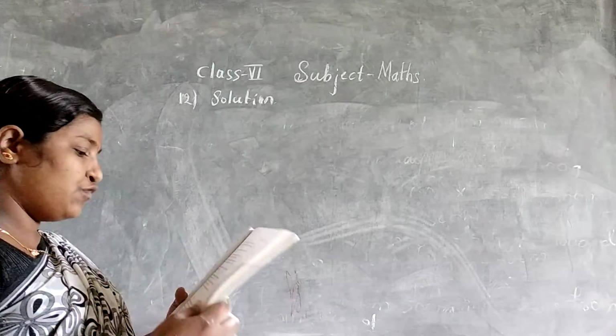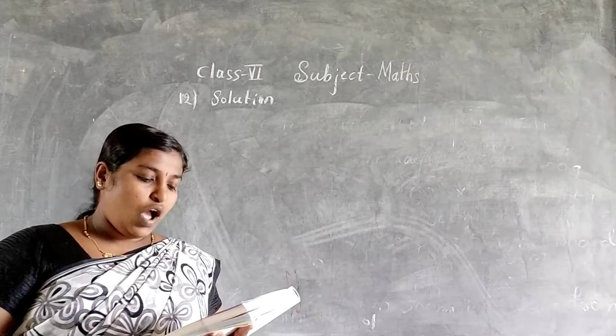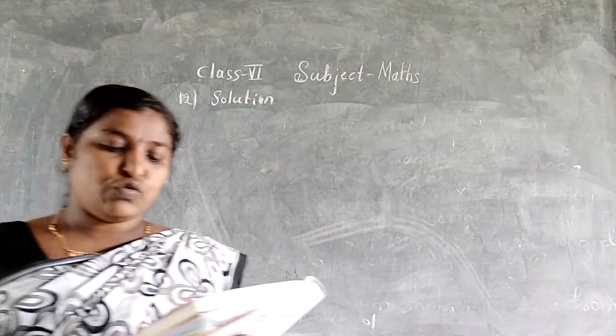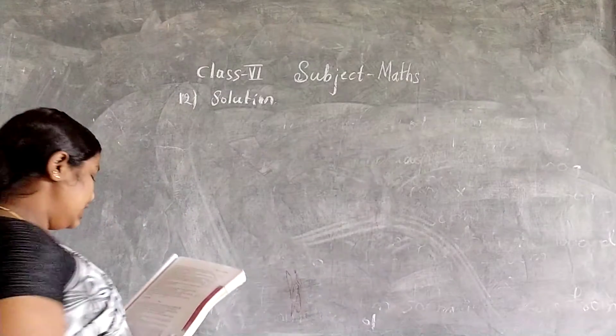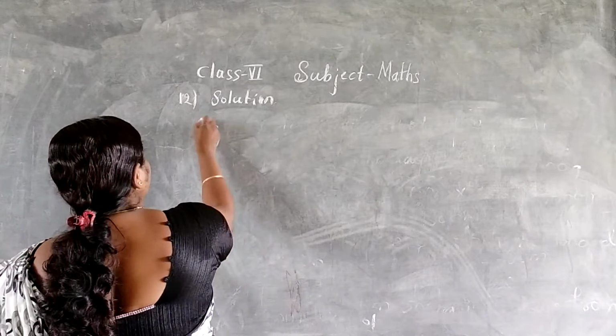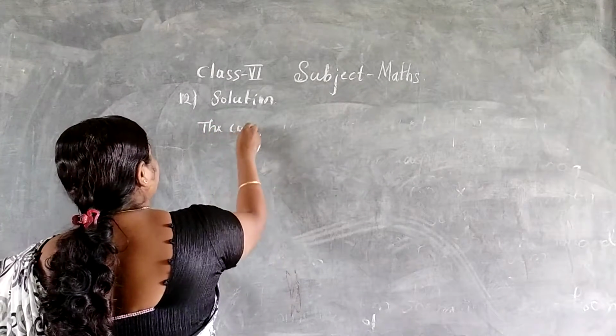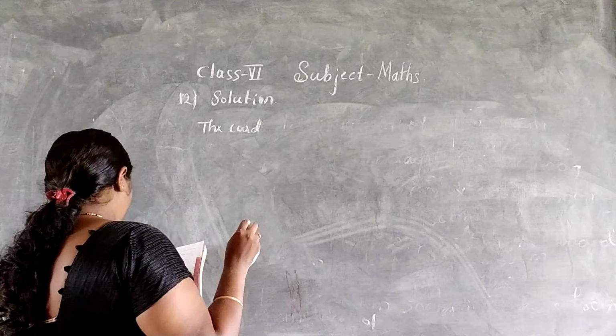A vessel has 2 liter and 500 ml of curd. In how many glasses each of 25 ml capacity can be filled? Okay, the vessel has 2 liter and 500 ml of curd.